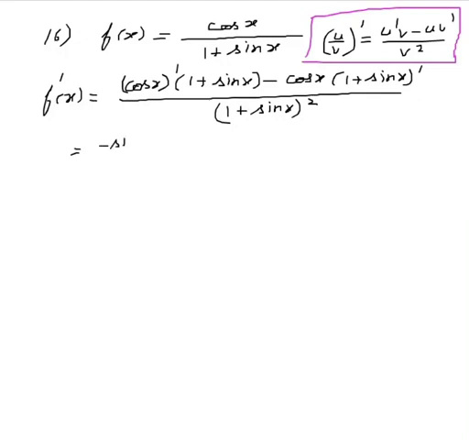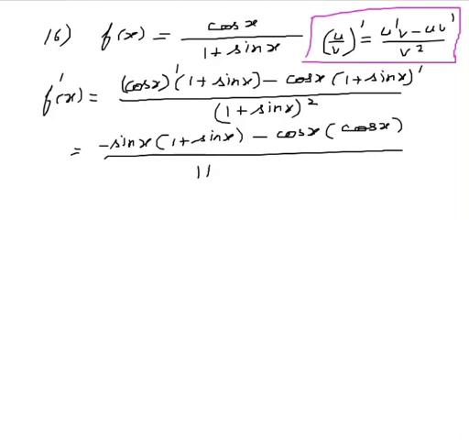Derivative of cos x is minus sin x times (1 plus sin x), minus cos x times (derivative of 1 is 0 plus derivative of sin x is cos x), divided by (1 plus sin x) squared.